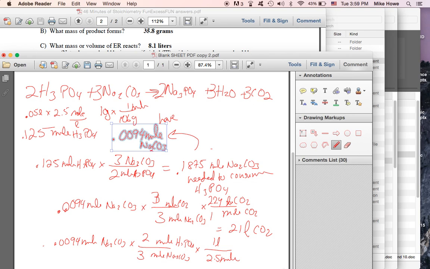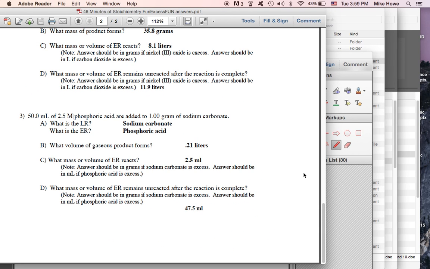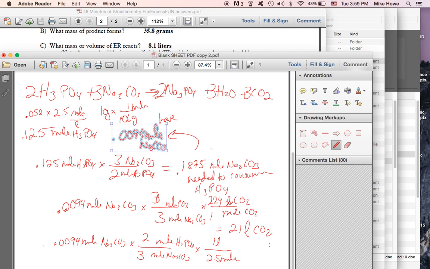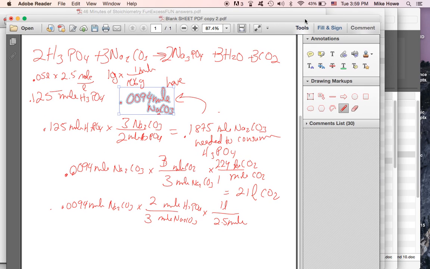So my final answer is 0.0025 liters. Now, if you change that to milliliters, we all know there are 1,000 milliliters per liter. So really, you're looking at 2.5 milliliters. So that's how I got that answer.